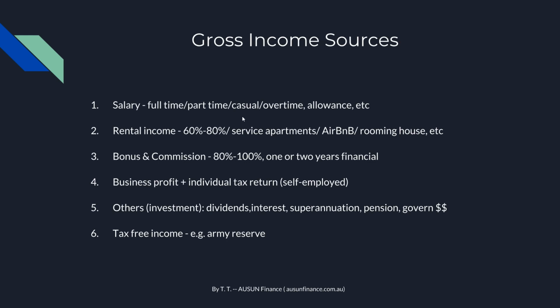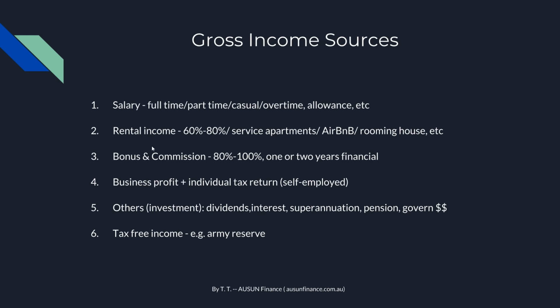If it's casual, minimum 3 months for most banks, and you have to demonstrate previous job experience, provide previous group certificate, PAYG summary, all that. All right, some restrictions over there, and then in your salary wages you also may have overtime allowance, etc. So for all other components some banks may only take 80%.